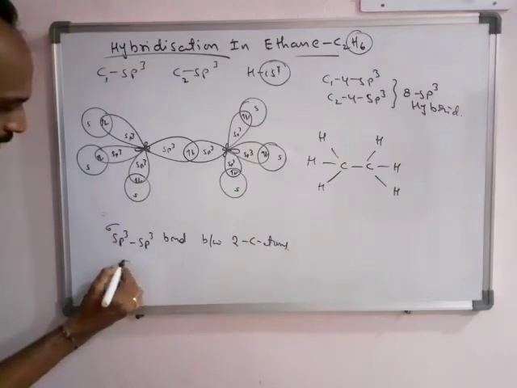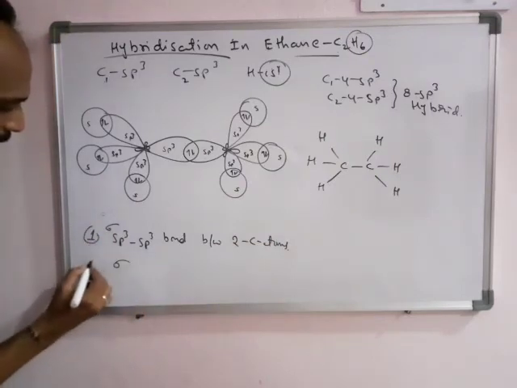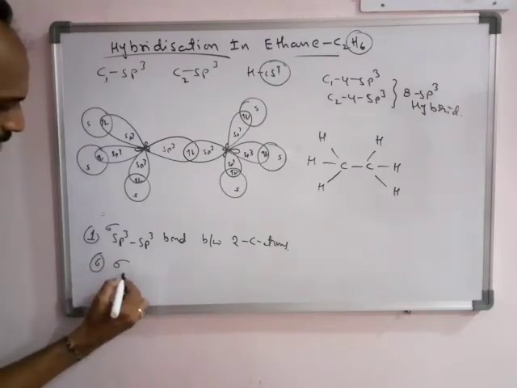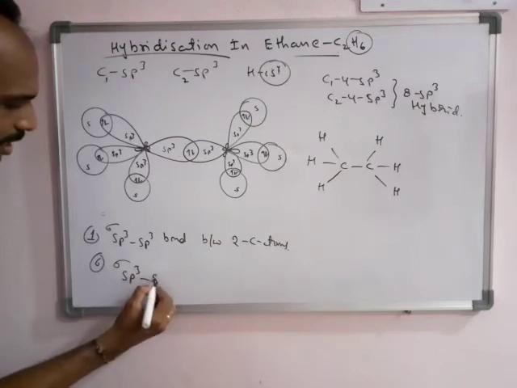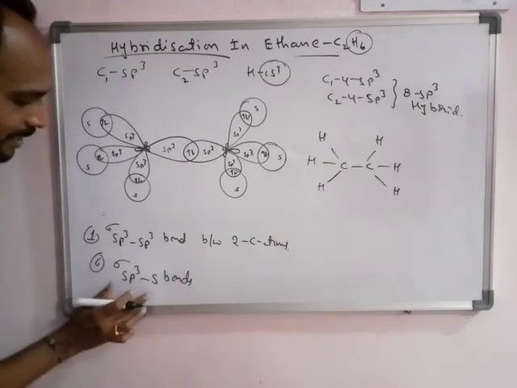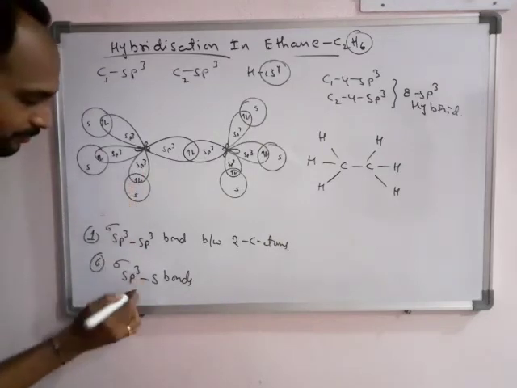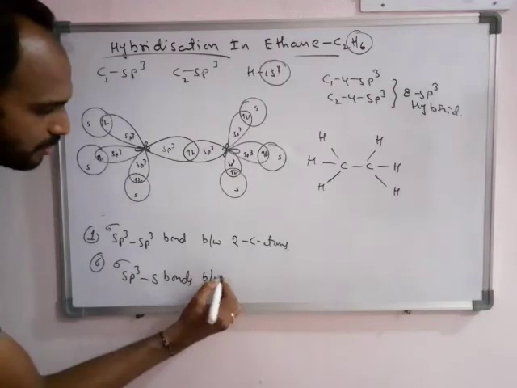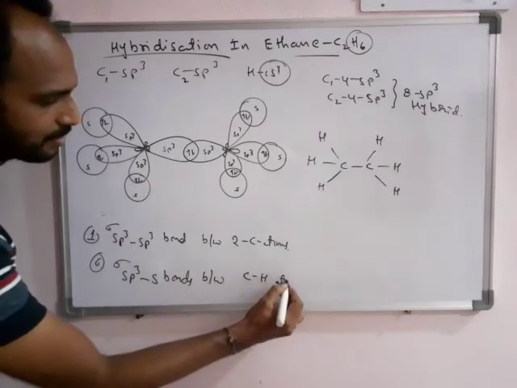So there is the formation of one sigma sp3-sp3 bond, and the formation of 6 sigma sp3-s bonds, as there is overlapping of sp3 of carbon and s of hydrogen between carbon and hydrogen atoms.